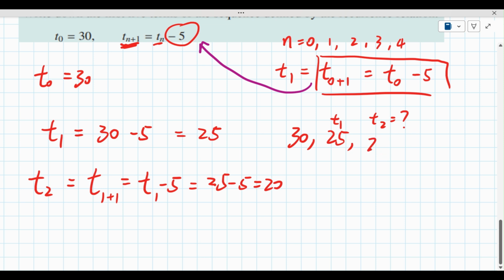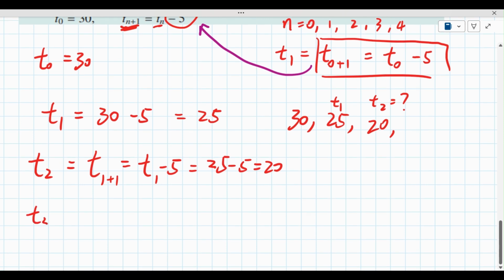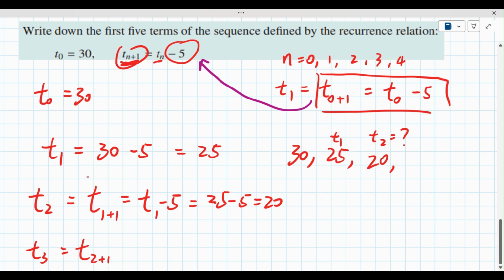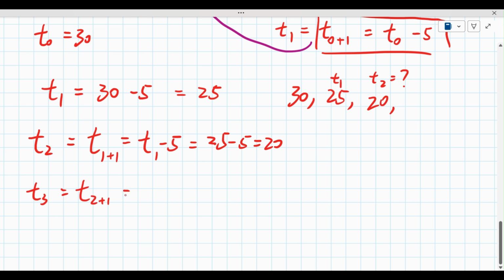So T2 equals 20. We keep going. Now we're going to T3. T3 equals T2 minus 5, because the recurrence is telling you the rule. So 20 minus 5 equals 15. So T3 equals 15.